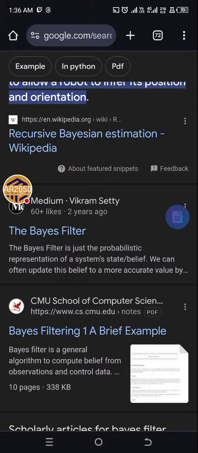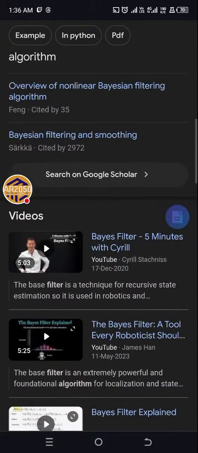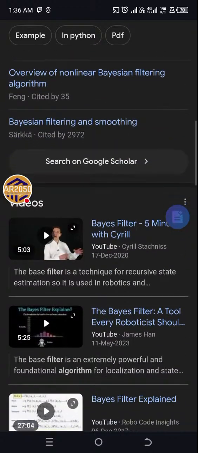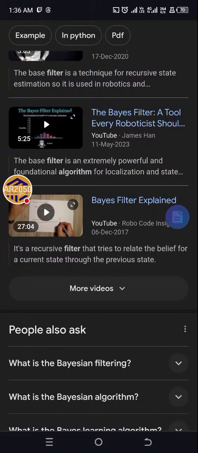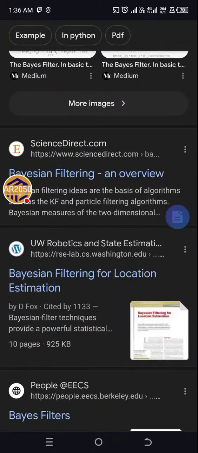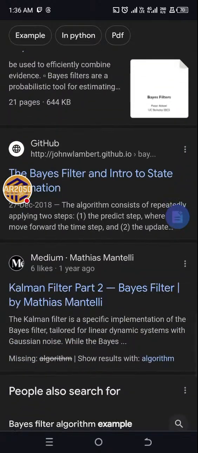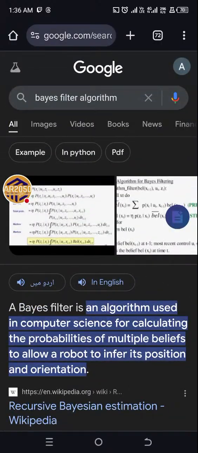We can often update this belief to be more accurate. Okay. Kalman filter is a type of Bayesian filter.